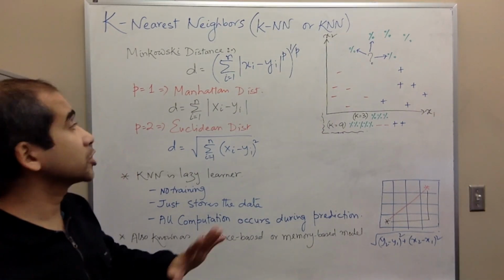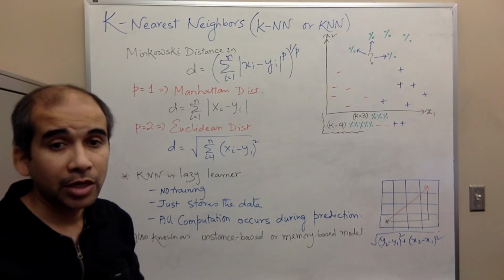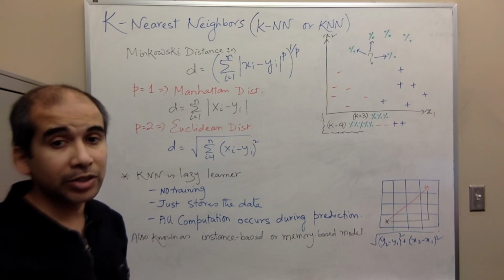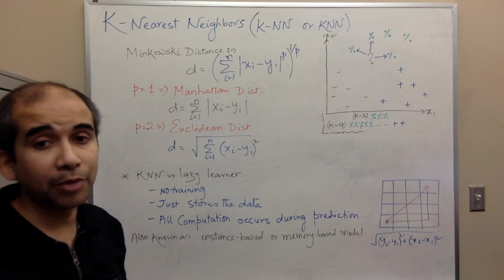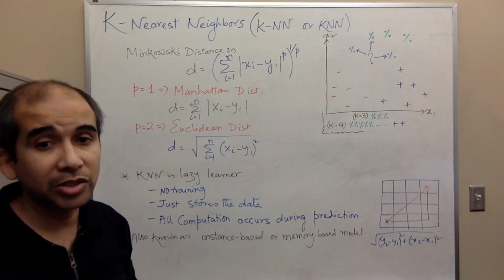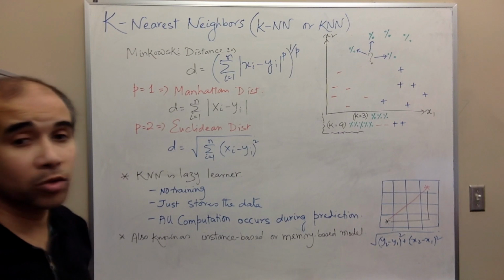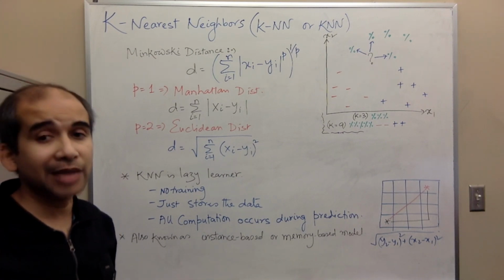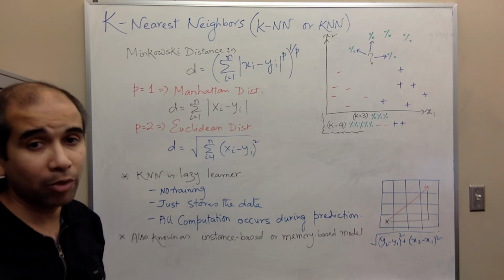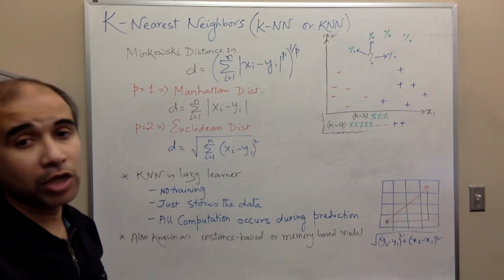Until then, it just stores the data locally in memory, so no training is done. The actual computation occurs when the prediction is needed. So KNN is also known as an instance-based or memory-based model, because it stores all the instances in local memory until a real computation needs to be done.